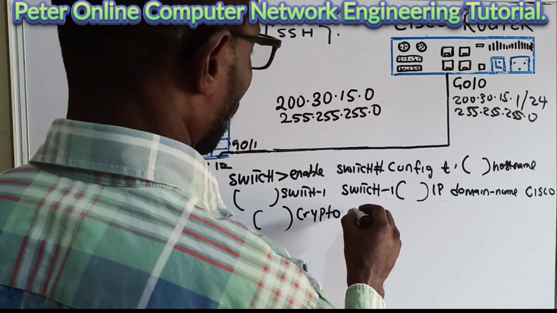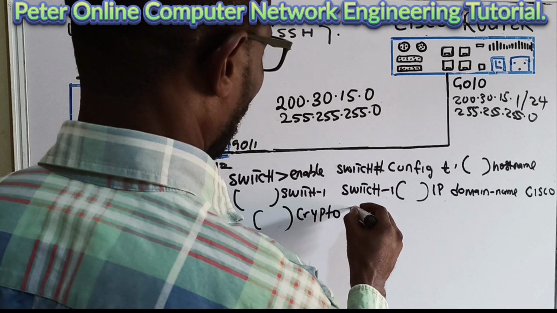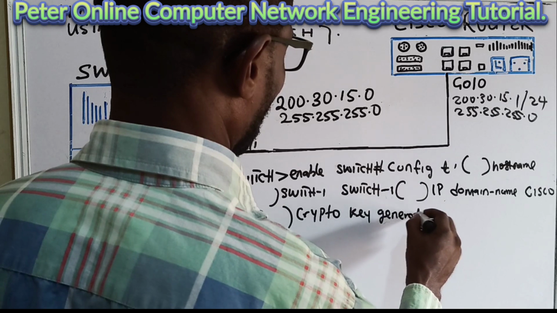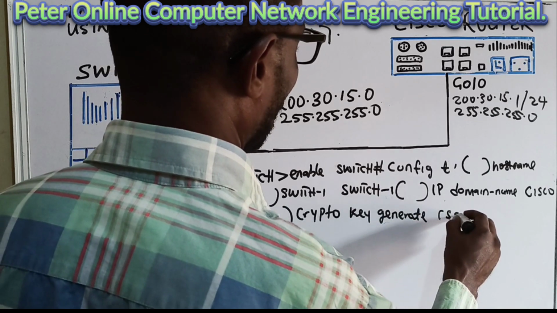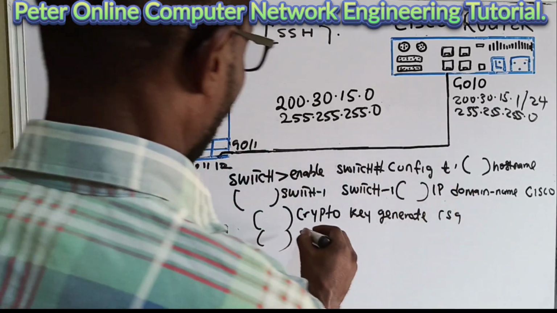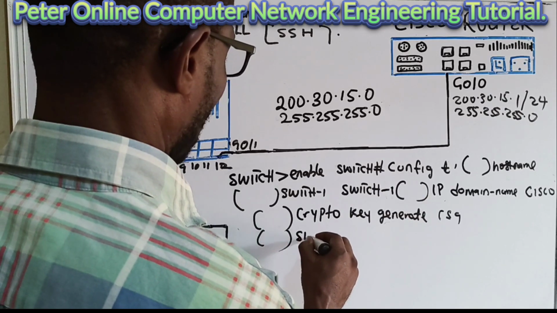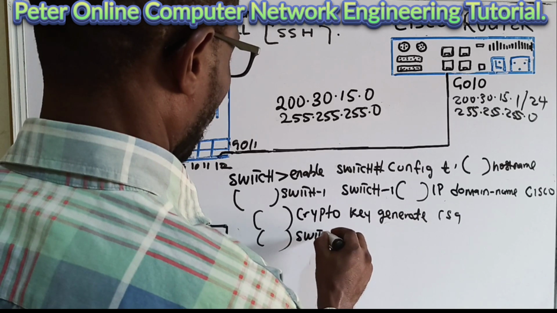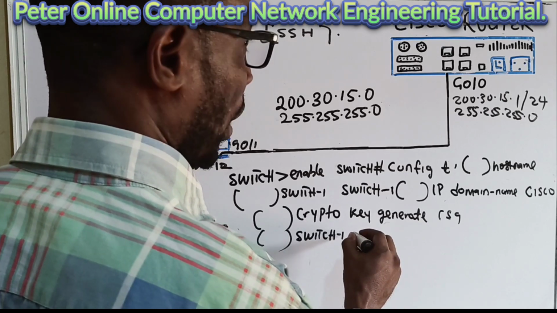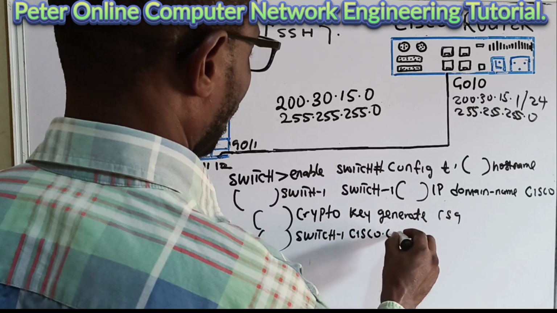Crypto key generate RSA. You hit enter, and what you get is the IP domain name, switch1.cisco.com.